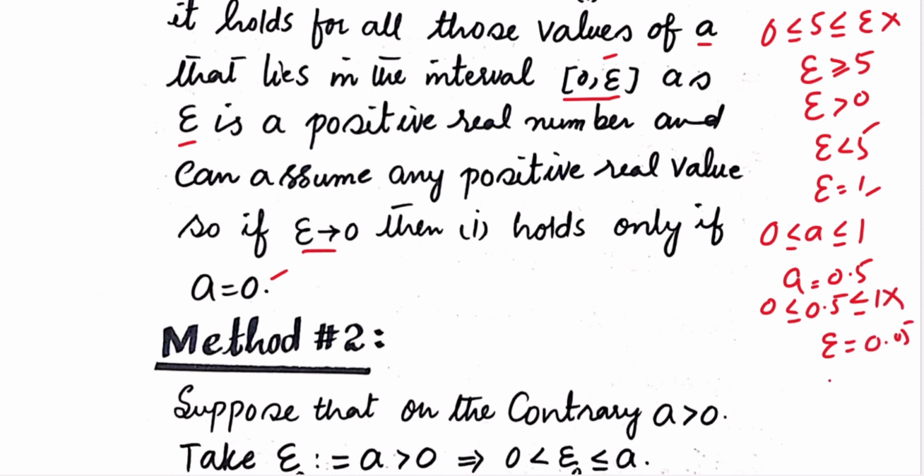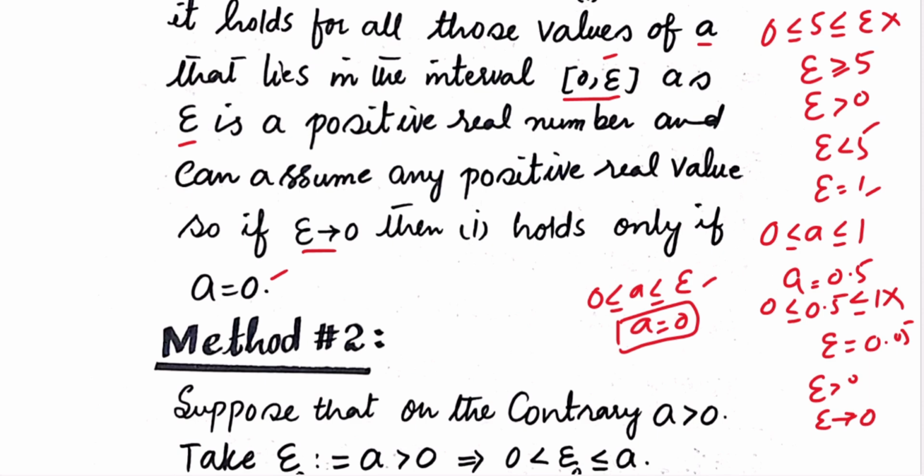So as epsilon can assume any positive real value, if you take smaller values of epsilon that approach 0, then the inequality 0 less than or equal to a less than or equal to epsilon can hold if and only if a is equal to 0. So this is the only possibility for satisfying this inequality.